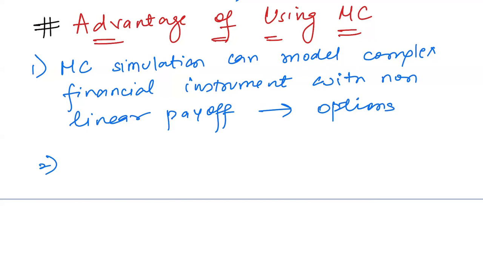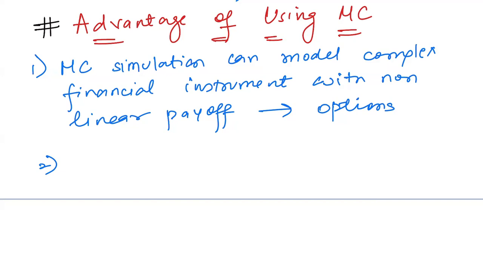Second, financial returns often exhibit fat tails and skewness, deviating from the normal distribution. In the variance covariance method, we take the assumption that returns follow a normal distribution. But what if they do not?